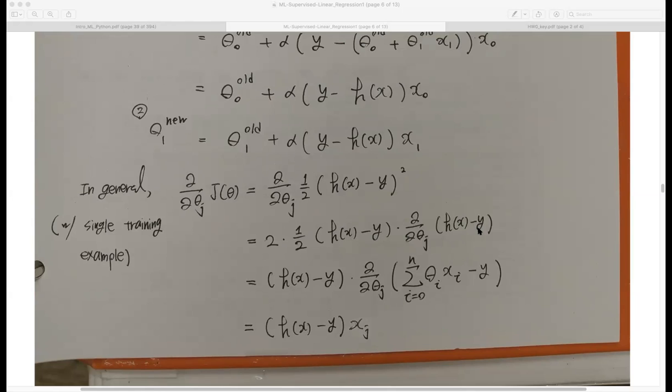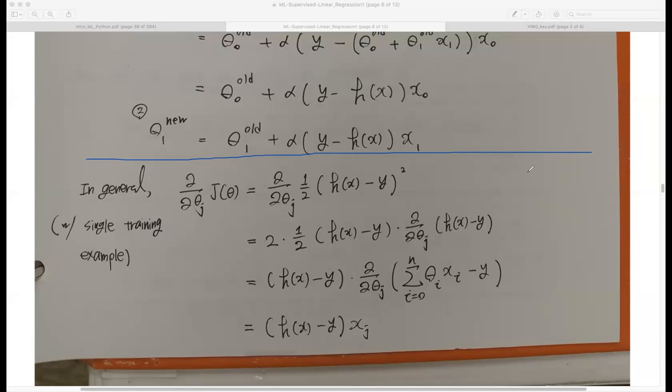But keep in mind that in this case we consider n features. Keep in mind this.